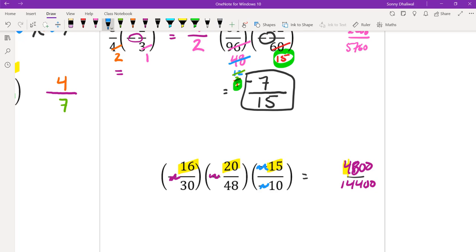Normally a question like this will be out of 2 marks. If you can just multiply this and multiply this together, it'd be 1 out of 2, so you get 50% of the marks. The rest of the marks come from your ability to reduce this, to get it into the smallest fraction possible. If you get it to the smallest fraction possible, you get the full 2 out of 2 marks.